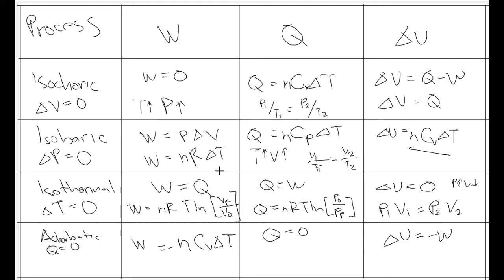Also, we can use other equations, and I think it is related to all of this process. So CV is equals to 3 halves R, which can be used in all of these processes.